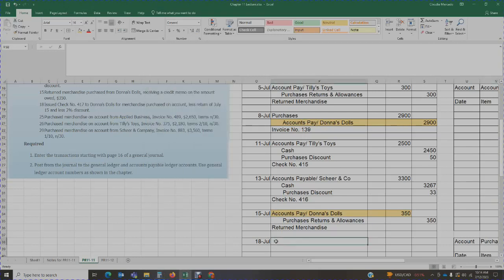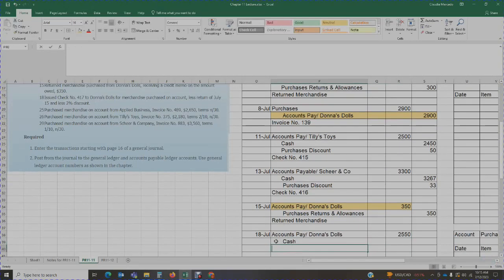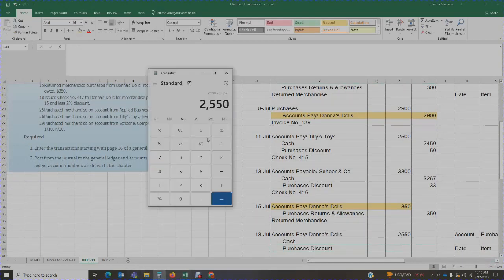So that is the amount that we have to clear off of my accounts payable for Donna's Dolls. So accounts payable, and the amount is $2,550. Now we are making a payment, so when we make a payment, we pay with cash, and in this particular problem, we have a purchases discount. So before we calculate our cash, let's first calculate the amount of our discount.